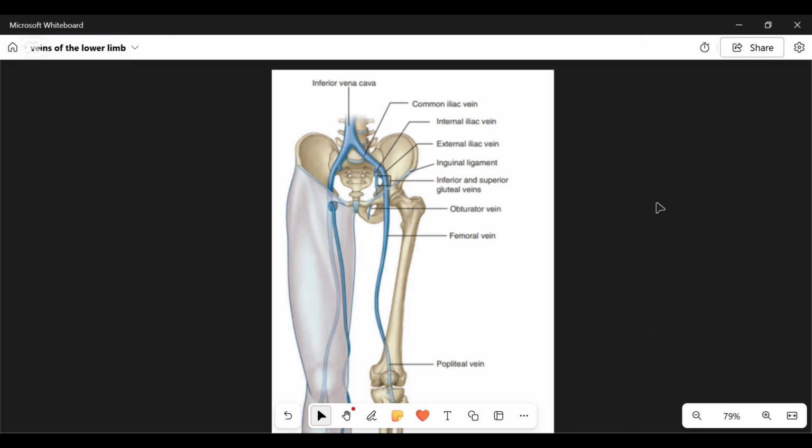Now the femoral vein is the main deep vein of the thigh, and it enters the thigh by passing through the adductor hiatus, as a continuation of the popliteal vein, and it lies medial to the femoral artery within the femoral triangle. It leaves the thigh by passing behind the inguinal ligament and continues as the external iliac vein, which then drains into or becomes the common iliac vein.